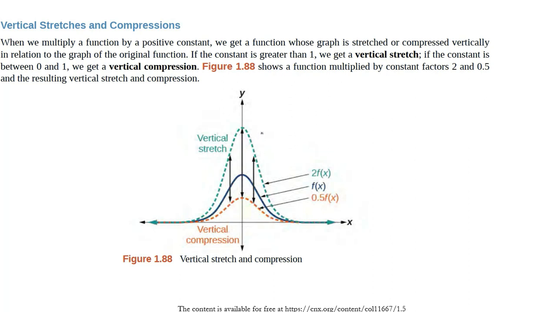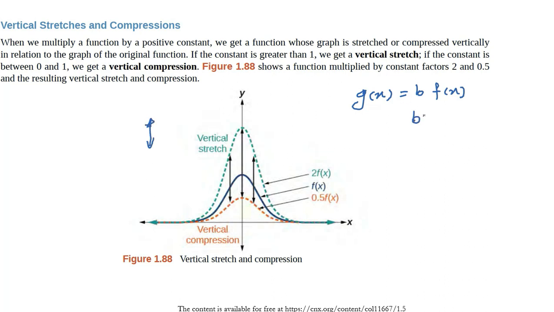So when a function is multiplied by a number, g of x is equal to b f of x, outputs are changing. X is not changing, y is changing. So stretch or compression is happening in the y direction.